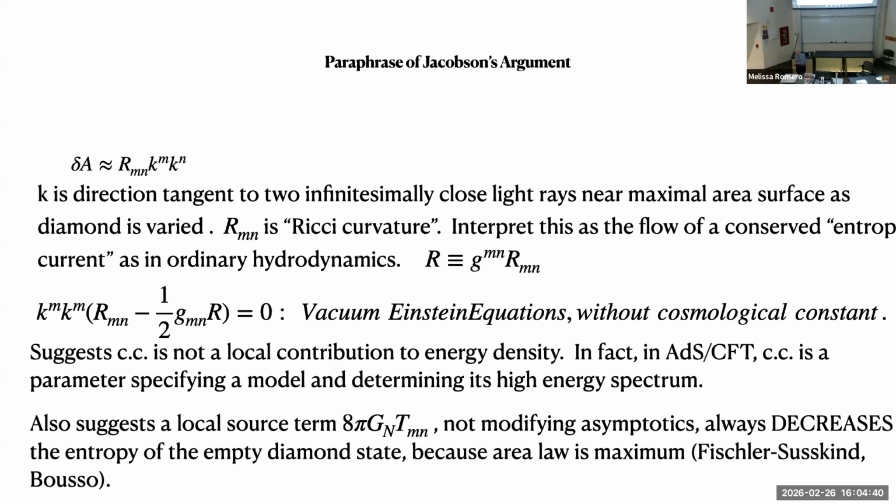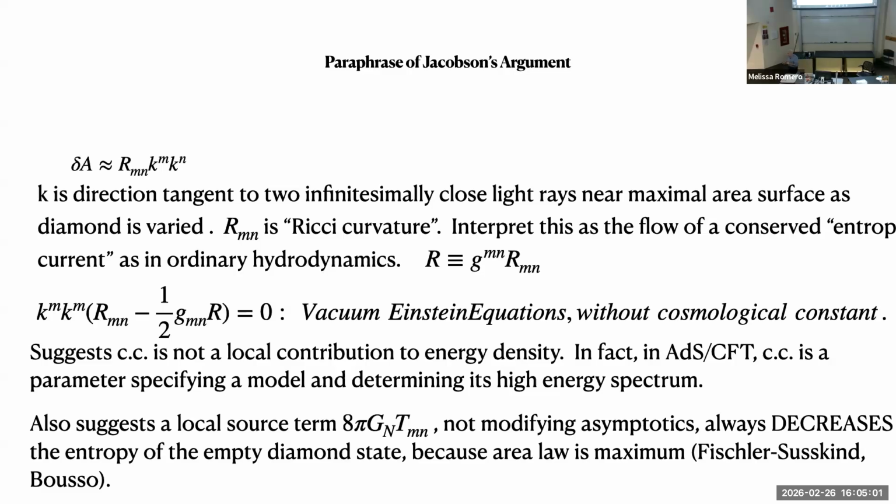Okay, let me give you a paraphrase of Jacobson's argument. Basically, near a maximal area surface, let me vary the causal diamond by changing the endpoints of that trajectory a little bit.